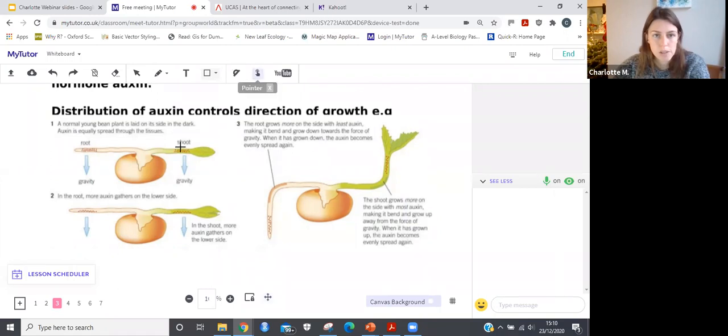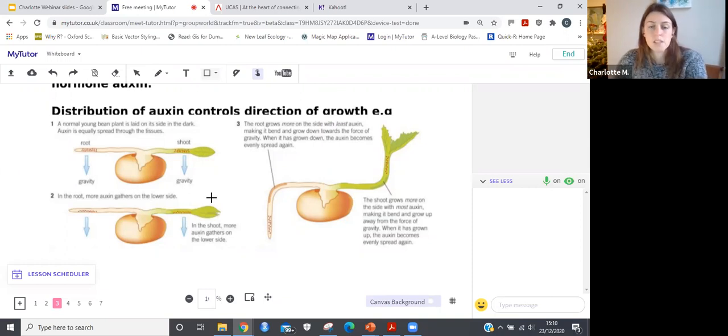Let's get my pointer up. Here we go. Little red dots here. Gravity is obviously working downwards on both the root and the shoot there. But auxin works slightly differently in roots and shoots. In the root, more auxin gathers on the lower side, and in the shoot, more auxin gathers on the lower side.